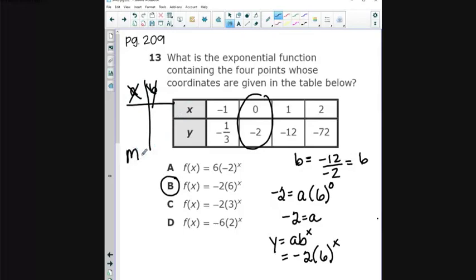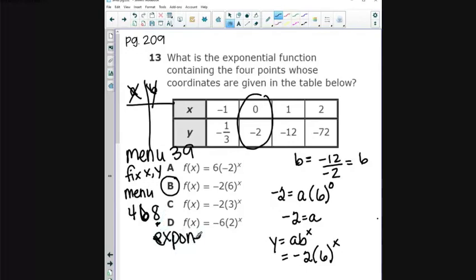You're going to go to menu 3.9 for quick graph, fix X and Y. Then you want to go to menu 4, 6, 8. And 8 is going to be called exponential. That's what you want. You want it to give you the equation in exponential form.